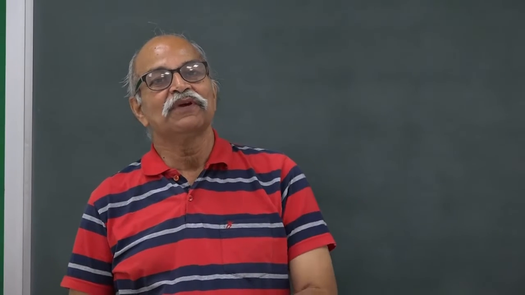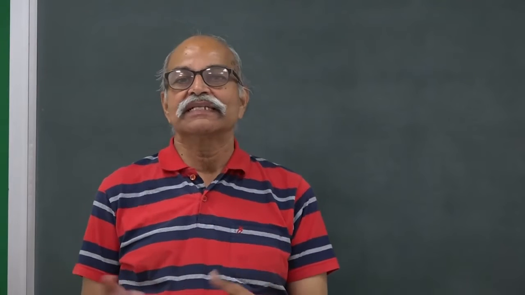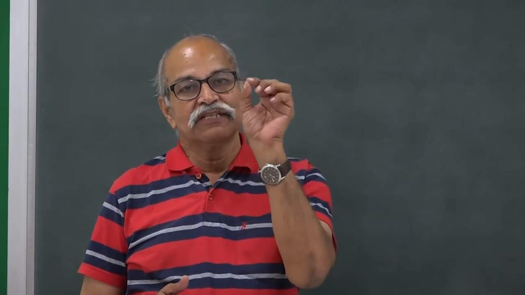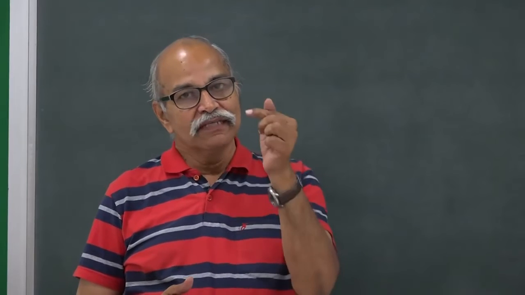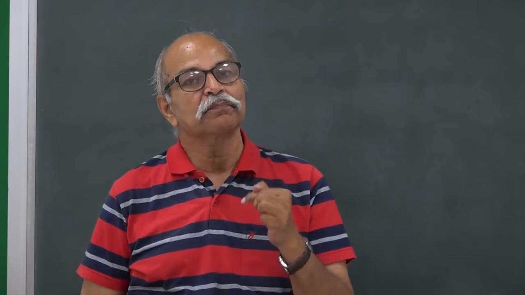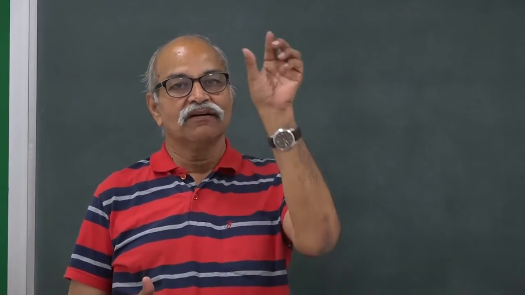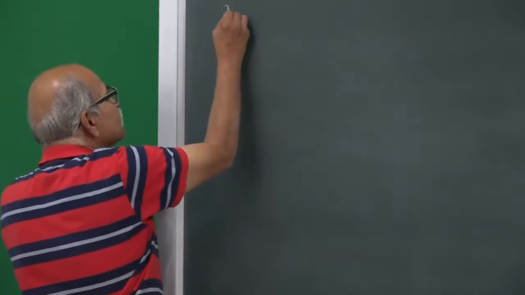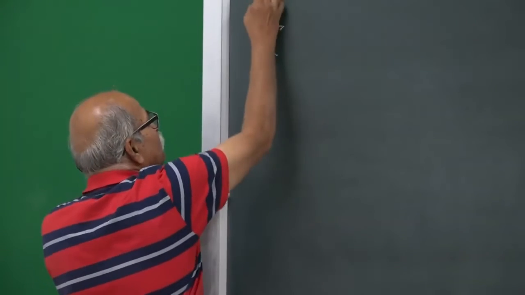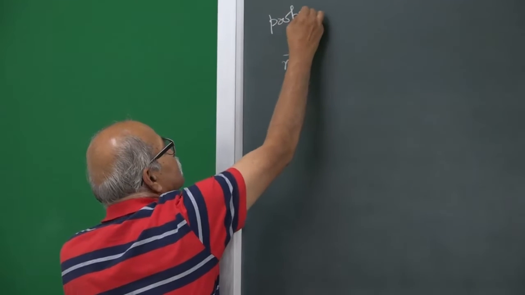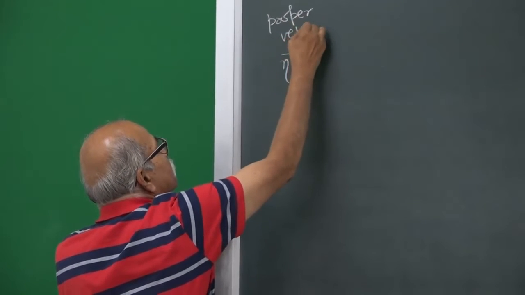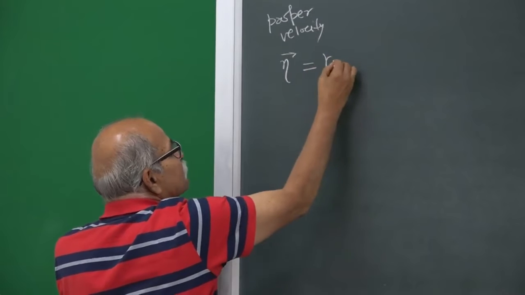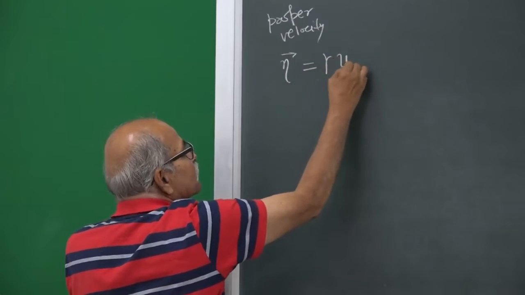So, last time we talked about 4 velocity and 4 momentum. 4 velocity we defined in terms of 3 components of what we called proper velocity, eta symbol we used, and we defined it as gamma times the ordinary velocity.